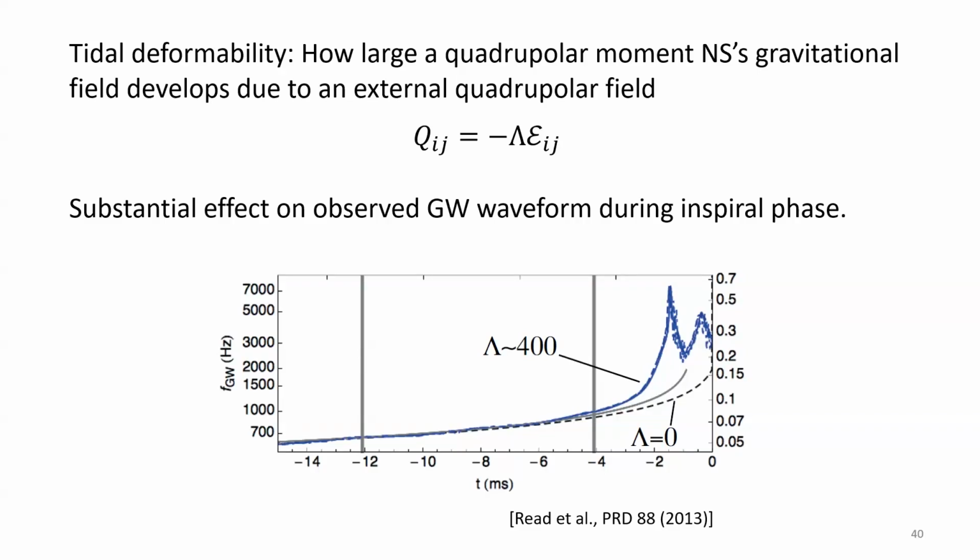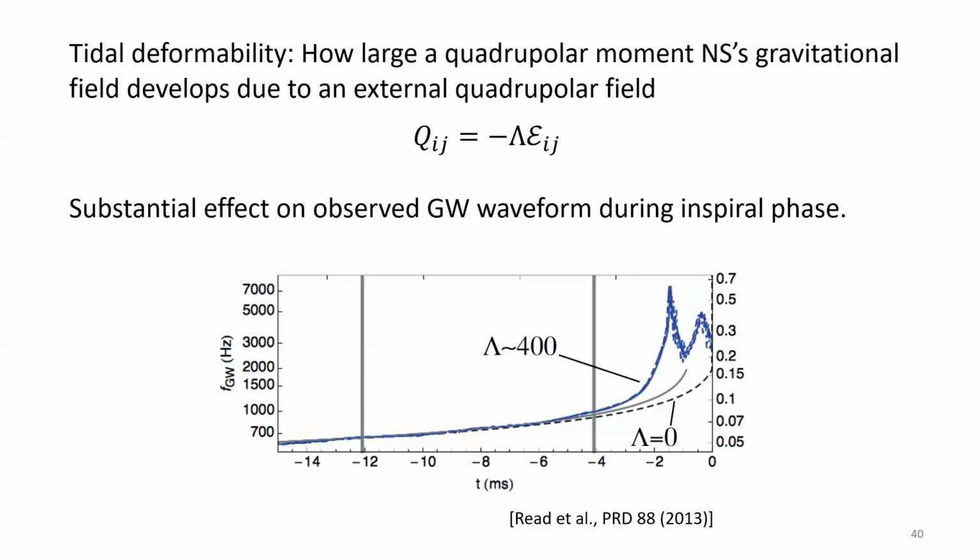Of course, people have been doing numerical simulations of this. The question really is how much, from the waveform, we can deduce how much these two stars' shapes are deformed, and this so-called tidal deformability is a function of the material properties of the system.